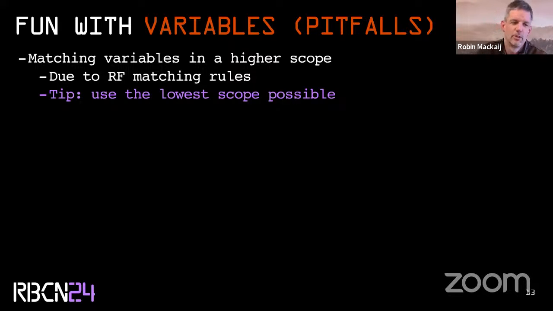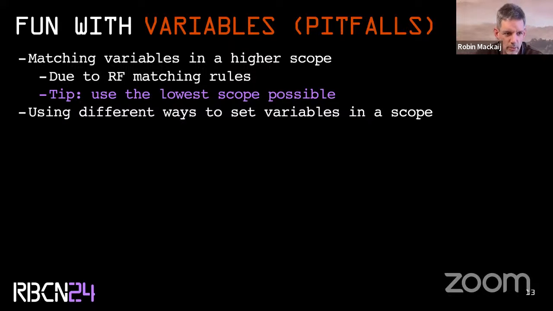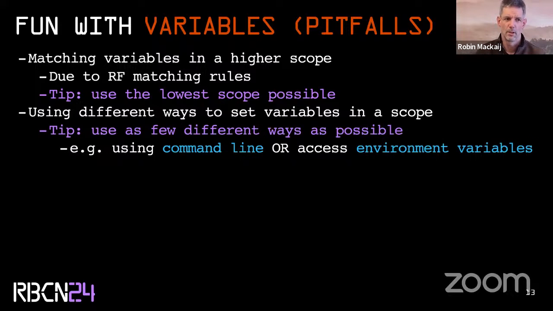So let's continue a bit because this also touches on what's upcoming. Using different ways to set variables in a scope is also a pitfall that I see. I would use as few different ways to set variables to a certain scope as possible.